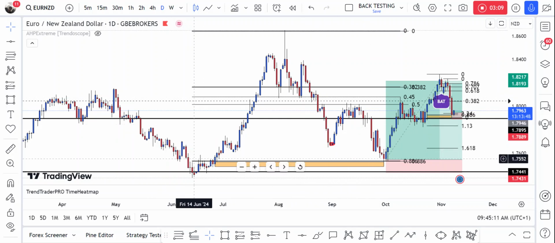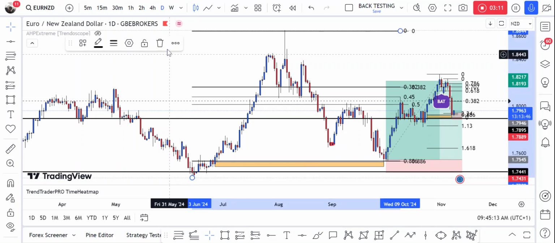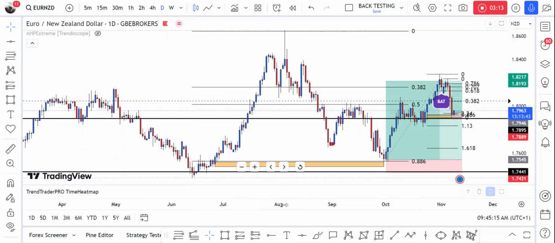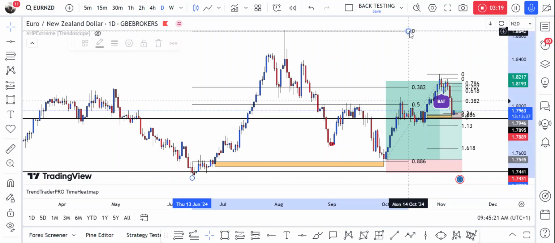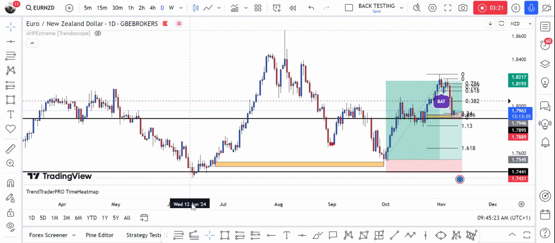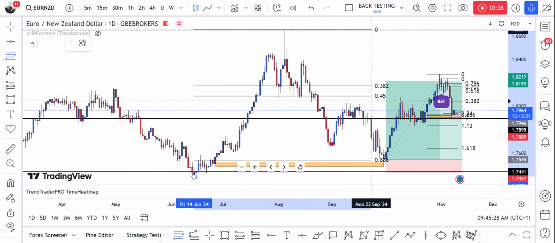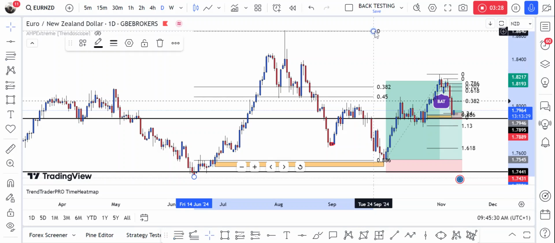So what you will now do is take your first measurement of the retracement you have discovered. From this point to this point, we are getting 0.45.